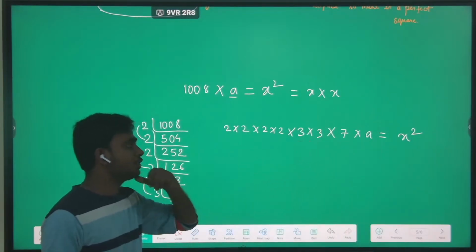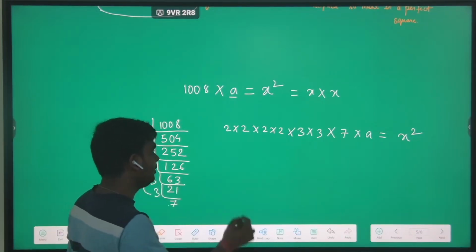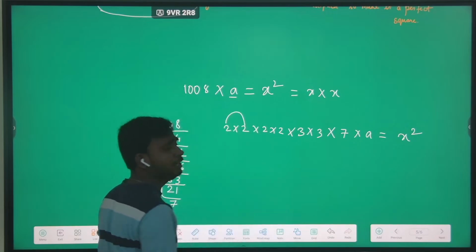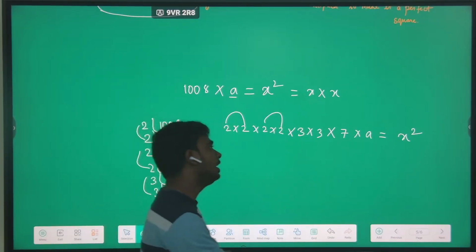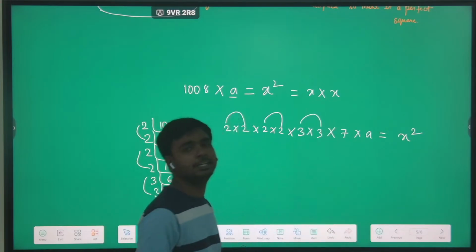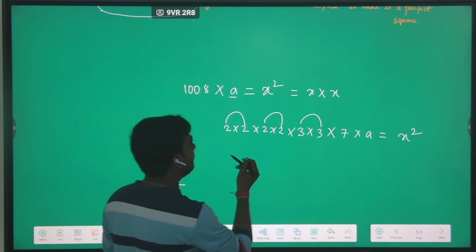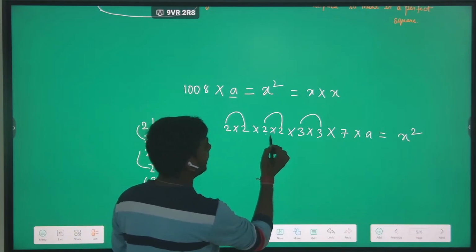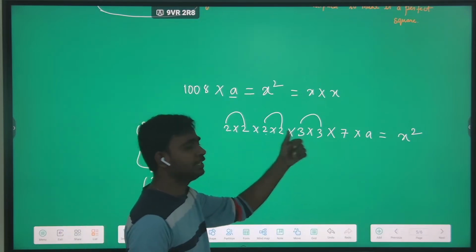So this was our question. Now, we are getting a pair of 2 here, similarly a pair of 2 here, similarly a pair of 3 here. So we are getting a pair of 2 multiplied with 2 multiplied with 3. That means 2 into 2 is 4, 4 into 3 is 12.